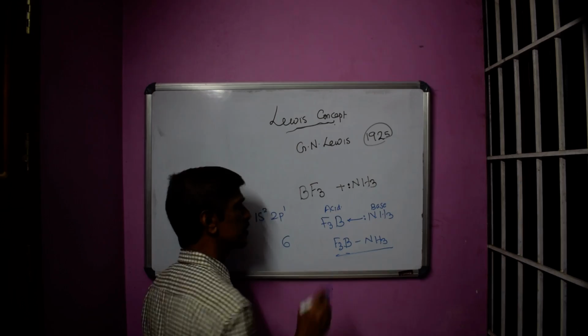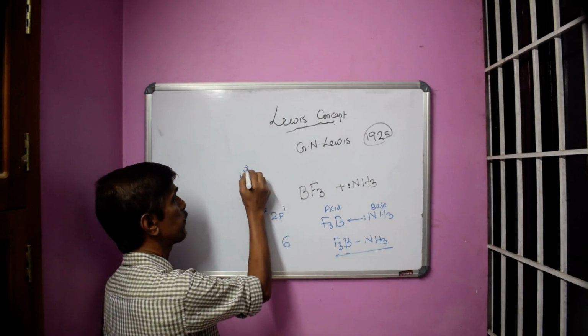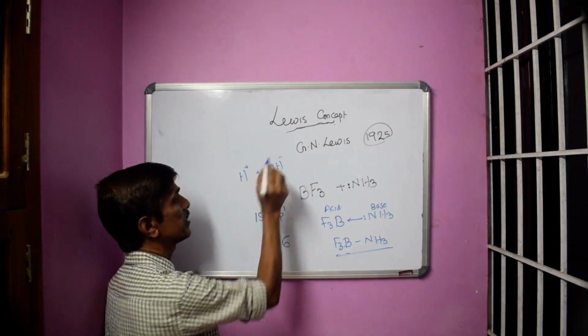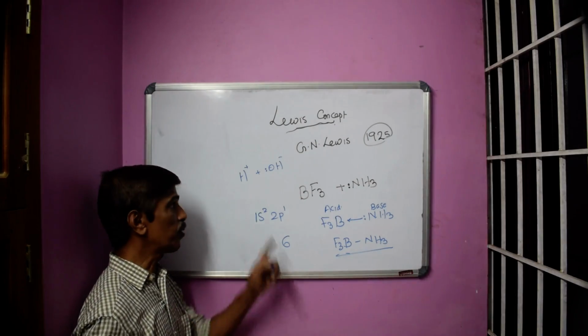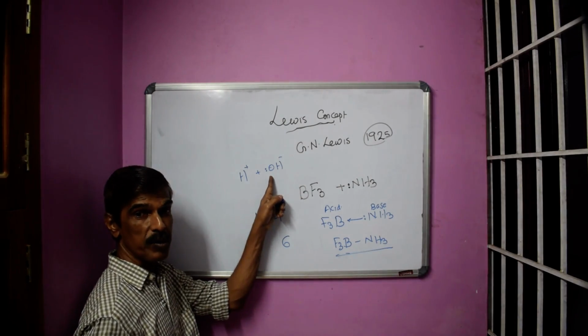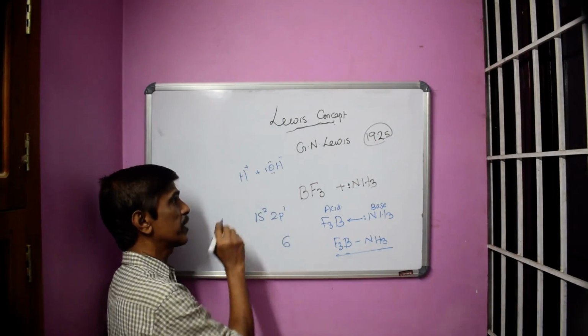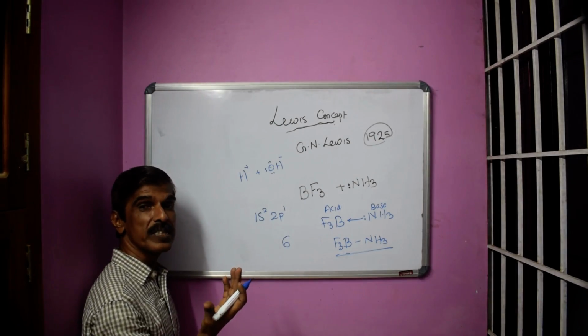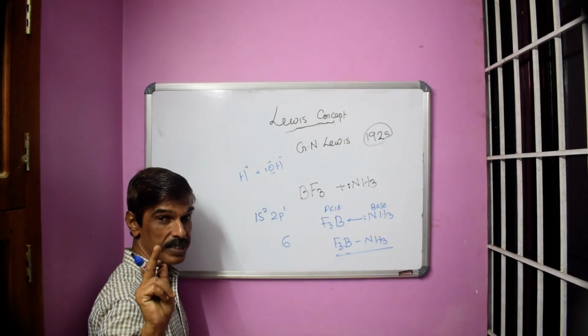Even in our very simple reaction, H plus plus OH minus, we can see it is actually taking place by the sharing of the electron pair of the hydroxide ion. Hydroxide has 3 electron pairs, one pair is donated, the proton is short of any electron, so a doublet ആണ് വേണ്ടത്.